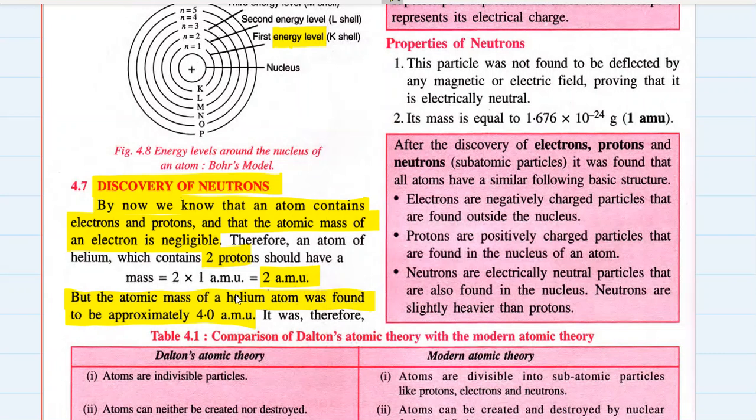And not only helium, but most of the atoms showed this anomaly. Anomaly means a defect. This was not a defect, this was a revelation.